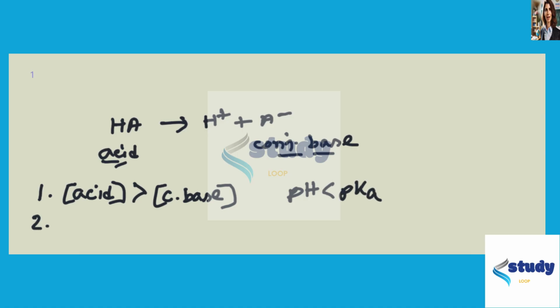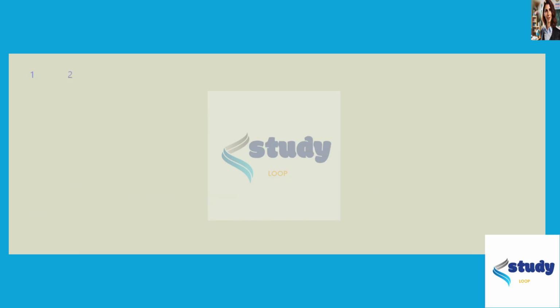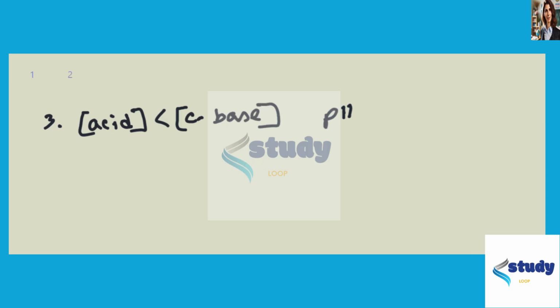Rule number 2, if acid concentration is equal to its conjugate base, then pH will be equal to pKa. And rule number 3, if acid concentration is less than the concentration of conjugate base, then pH will be greater than pKa.